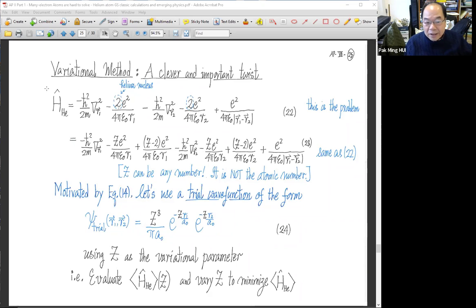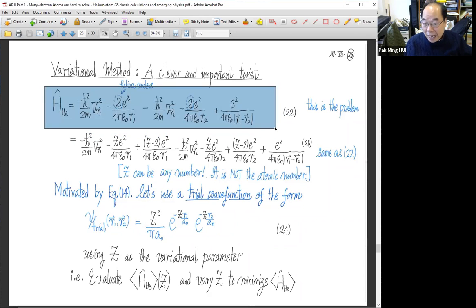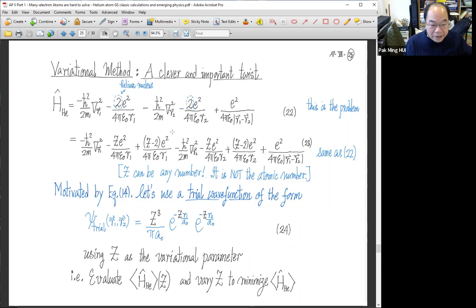So for completeness, I write down the helium atom Hamiltonian again. This is the problem. We want to find the ground state. The second line is just some decoration. It is the same as the Hamiltonian written down here. So what have I done here? I write down an extra term with the Z here.